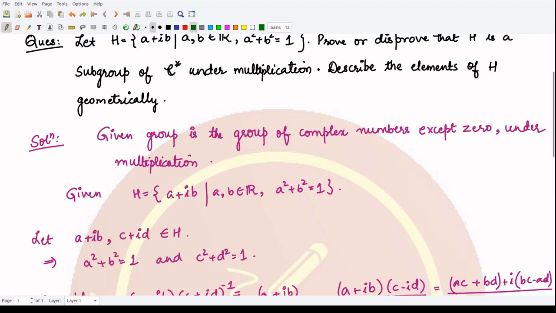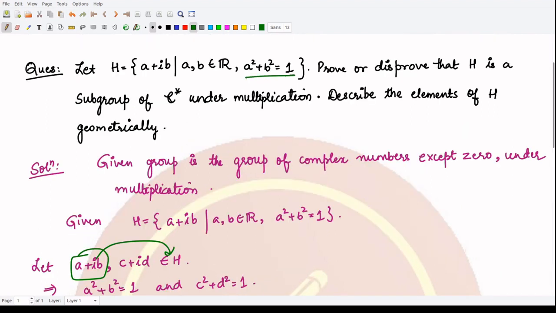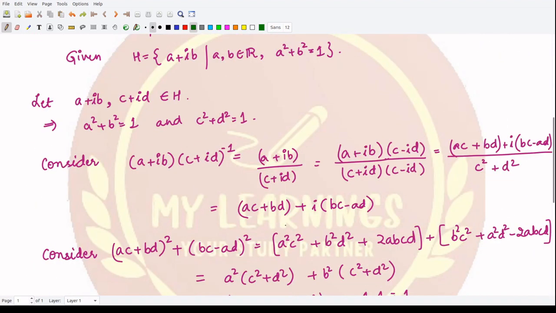Now because A plus iota B is present in H, it means that A square plus B square is equal to 1. Similarly, if C plus iota D is present in H, it means that C square plus D square is equal to 1.